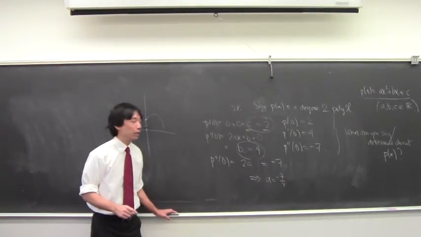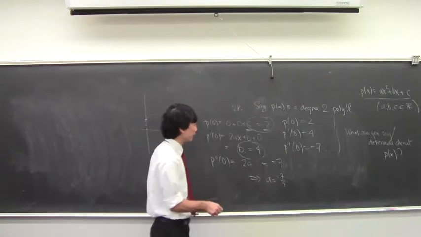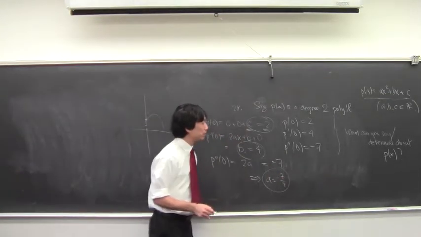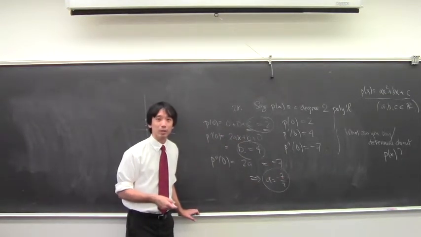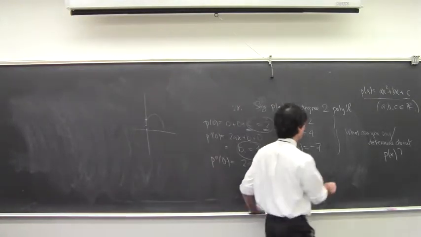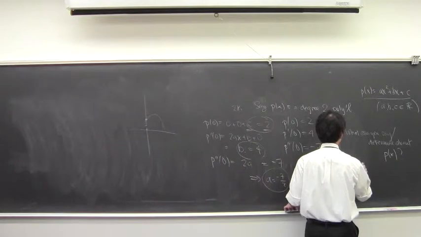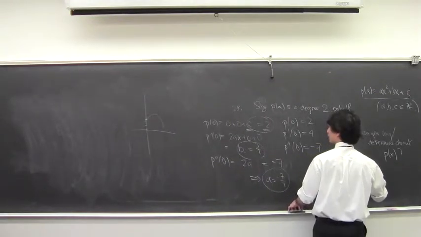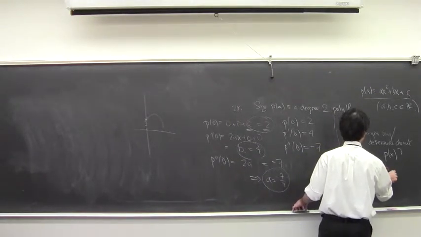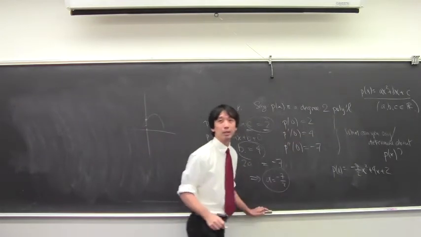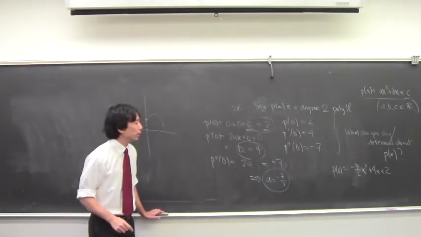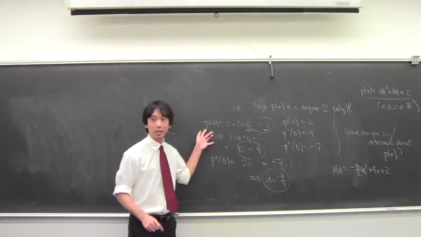So you can figure out everything. You know everything about this polynomial. You know exactly what it is. P is going to be -7/2 x squared plus 4x plus 2. And so you can sort of see what could happen.